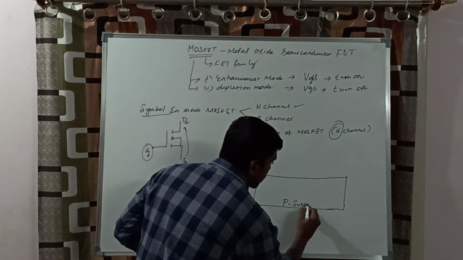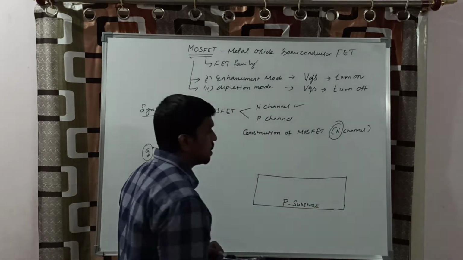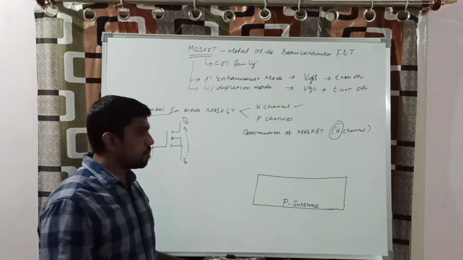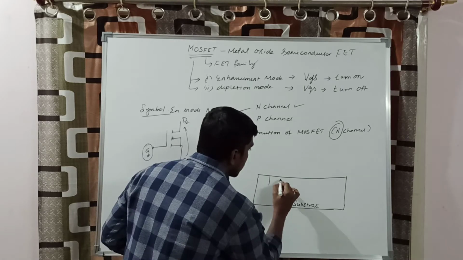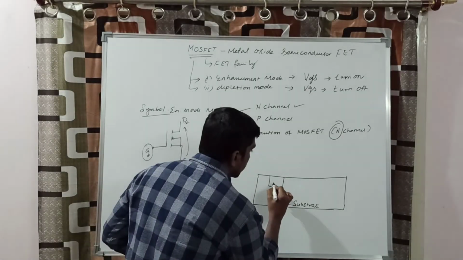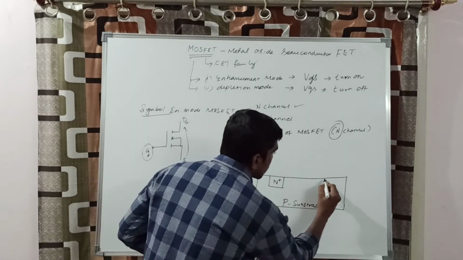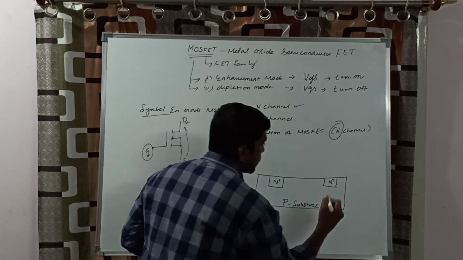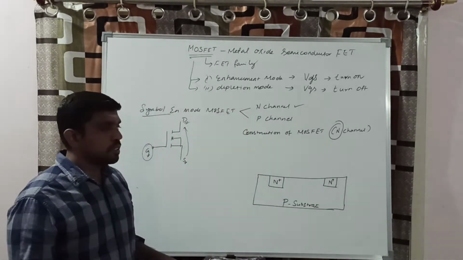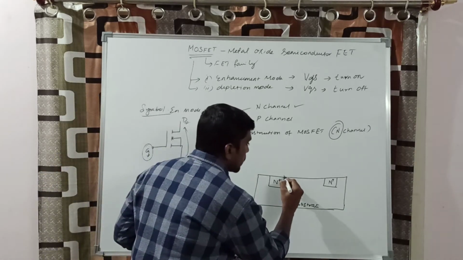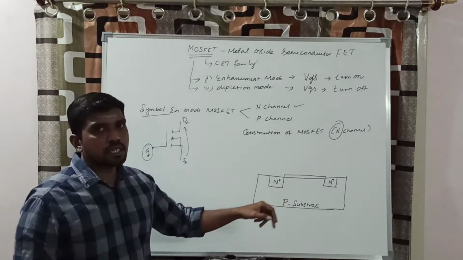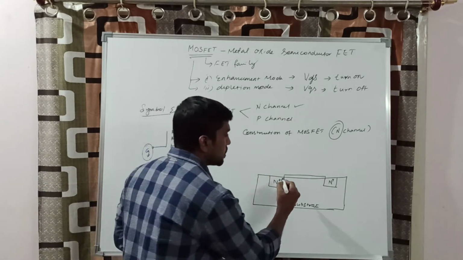P-type substrate. Inside the P-type substrate, you make two N plus regions, two corners, and diffuse the N plus doping element. In the middle of the MOS transistor, you make the SiO2 layer for isolation purpose.